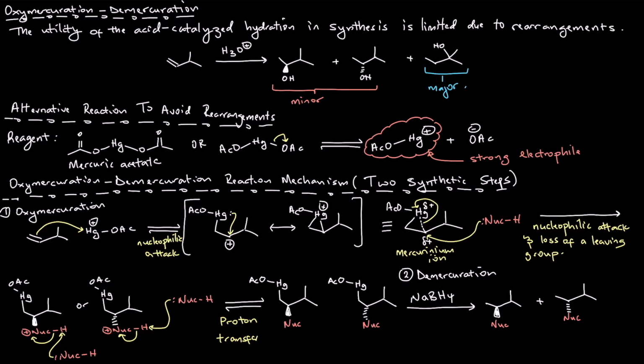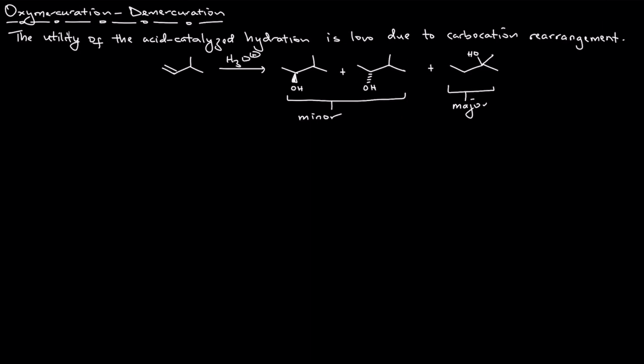Okay, now let's put all of these together to see how the oxymercuration-demercuration reaction is really powerful in synthesis. We've seen once again that if you take this alkene and react it with H3O+, you're going to actually get the rearranged tertiary alcohol as your major product, and your secondary alcohol becomes your minor product.